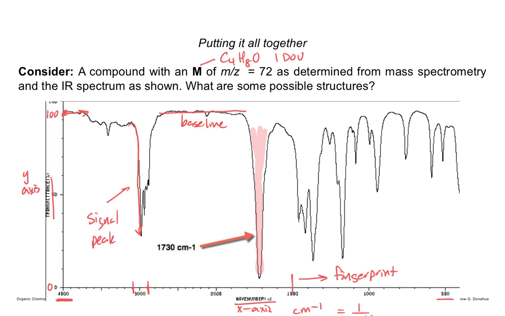And that belongs to a carbonyl group. So specifically, we would say it's a carbonyl stretch. The IR light senses that carbonyl group in the molecule, and what it's doing is stretching the bond.